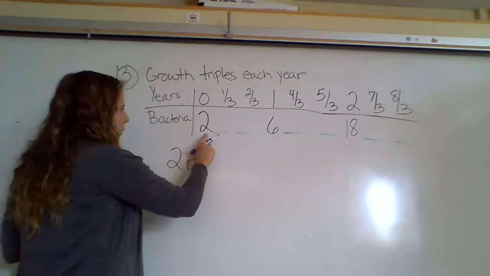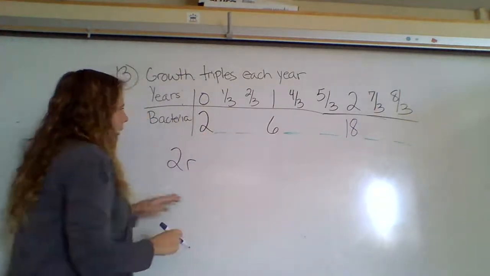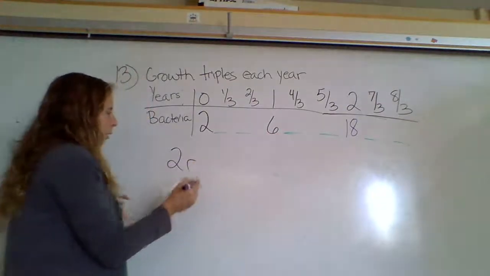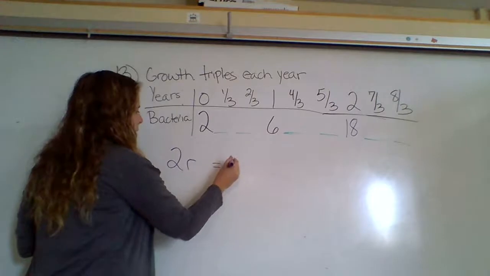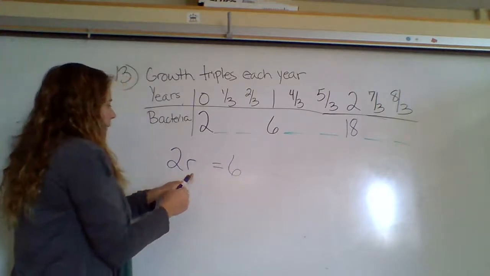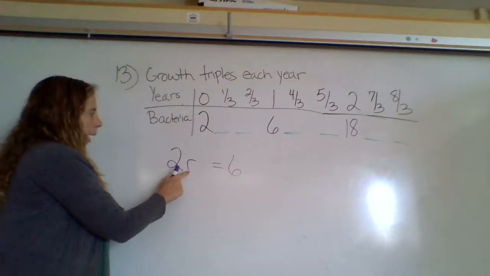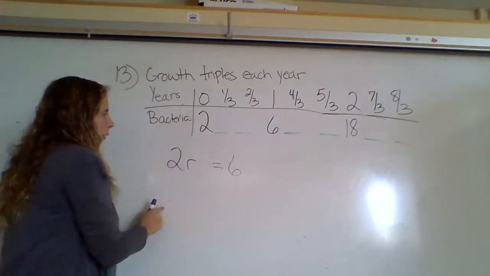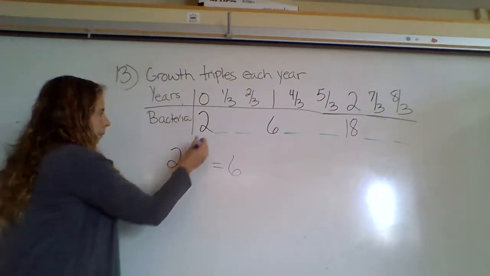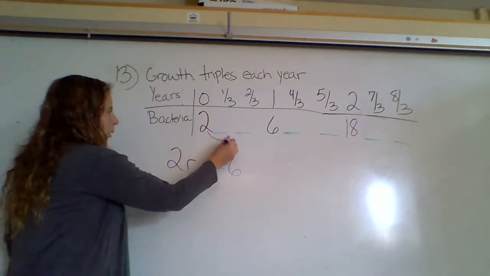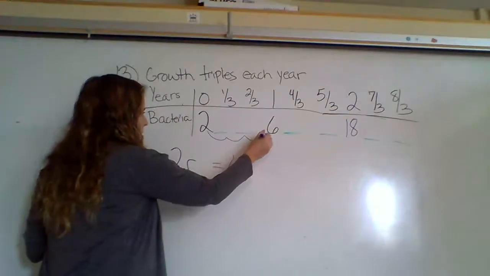So we know 2, 6, and 18. So we can either use 6 or 18. 6 is closer, so I'm going to use 6. All right. How many times are we multiplying by R to get to 6? 1, 2, 3.